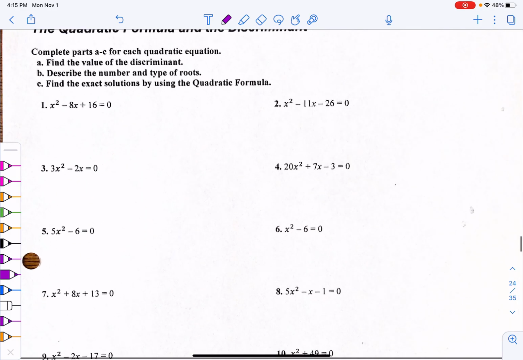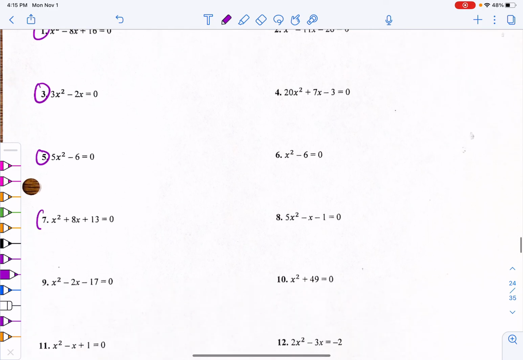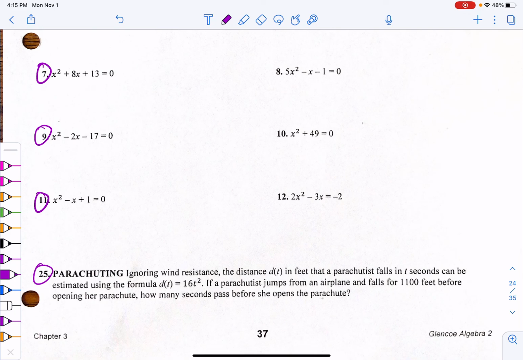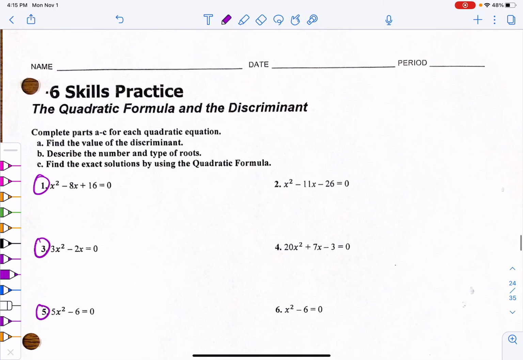On your homework assignment, let's just have you do the odd numbers. So 1, 3, 5, 7, 9, 11, and then 25, we'll have you attempt 25 also. But let's look through here, and there is a part A, B, and C, so you should have 3 answers. The first part, A, is finding the value of the discriminant. Part B is telling the number of solutions that you have.